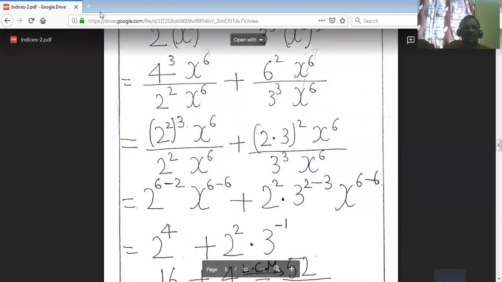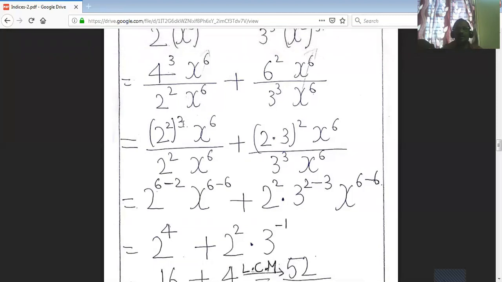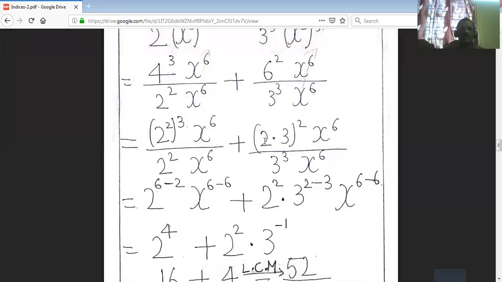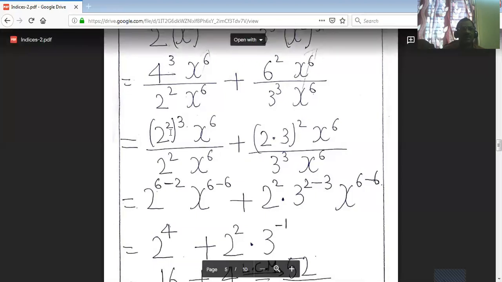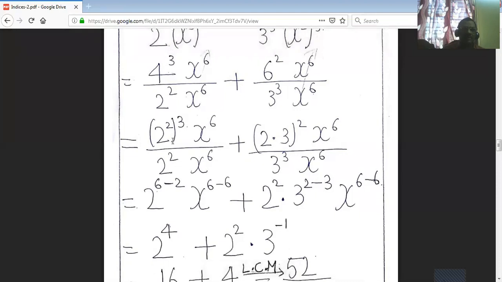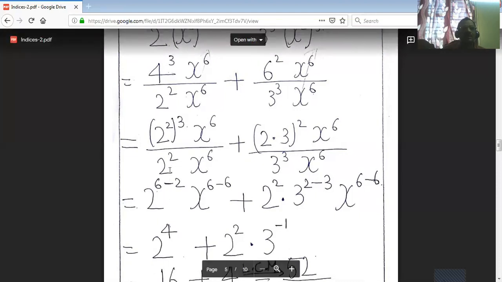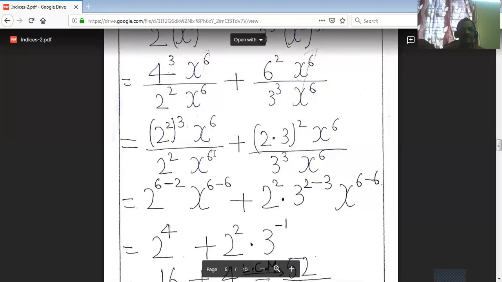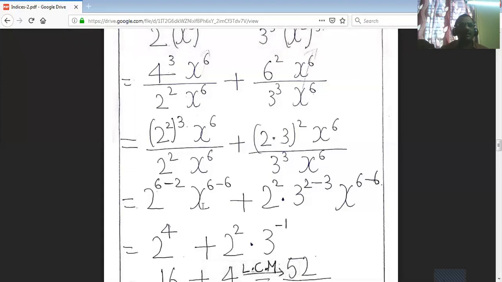Now here (2^2)^3 becomes 2^6. Again here (2×3)^2 becomes 2^2 into 3^2. Now we have 2^2 in the denominator, so this becomes 2^6 divided by 2^2, that becomes 2^(6-2). Again x^6 and x^6, either you can cancel directly or you can apply the formula a^m divided by a^n is equal to a^(m-n).